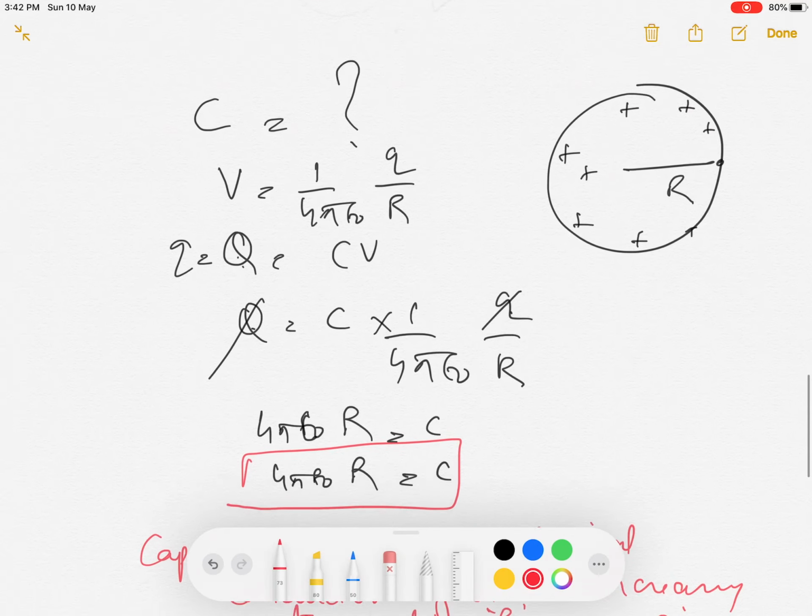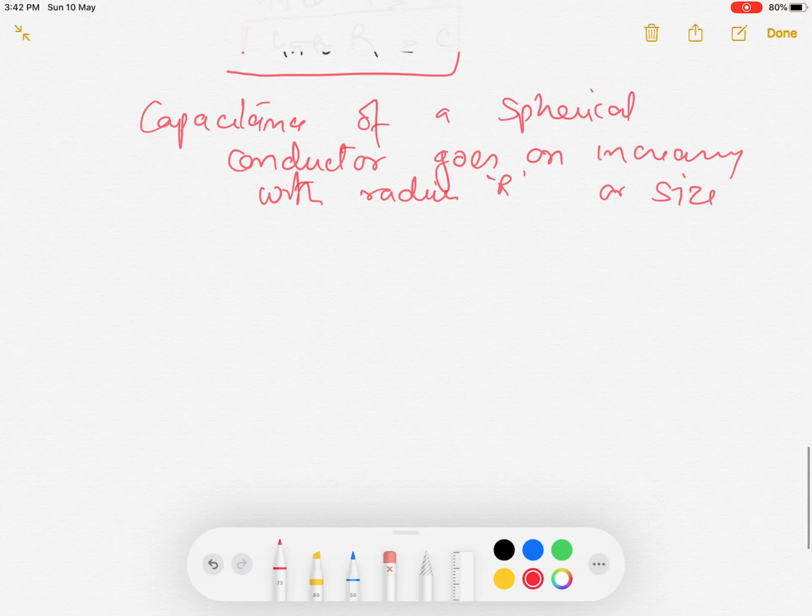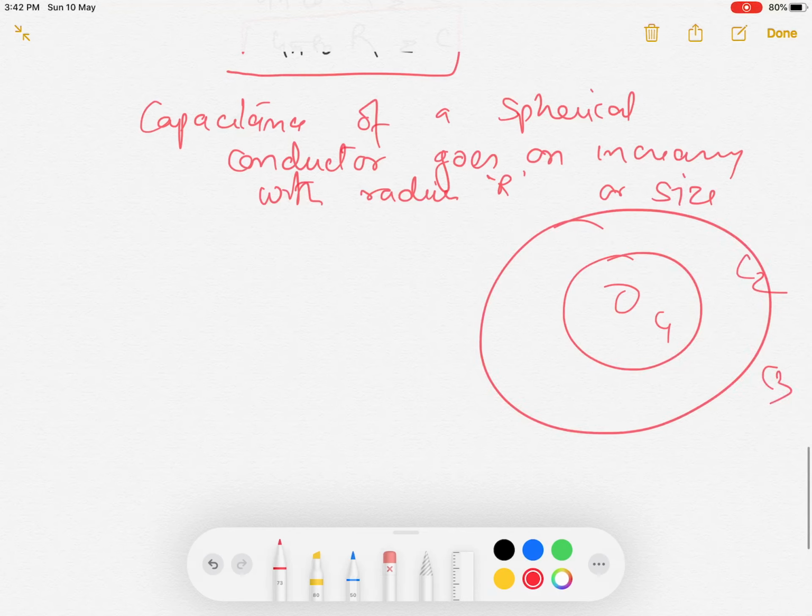As size increases, meaning the sphere gets bigger and bigger, here the capacitance is C1, here the capacitance is C2, here the capacitance is C3. That means C1 is less than C2, less than C3. C3 will be the greatest. Thus, as we go on increasing the size, the capacitance also increases.